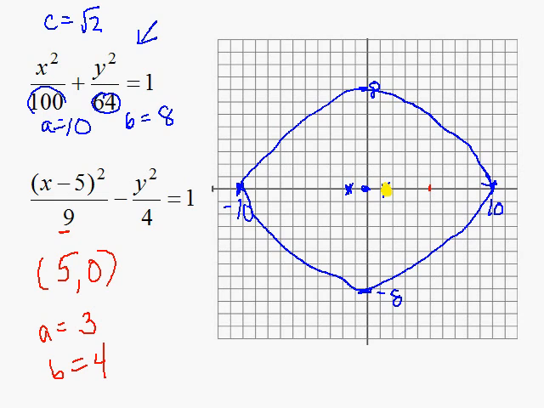So from this point I go over 3, I'm drawing my fundamental rectangle, 1, 2, 3, it's right here, and I have to go up 4, up 2, what am I saying? 1, 2, and down 2. This being a little easier for me to draw, here's the fundamental rectangle coming in for this hyperbola.